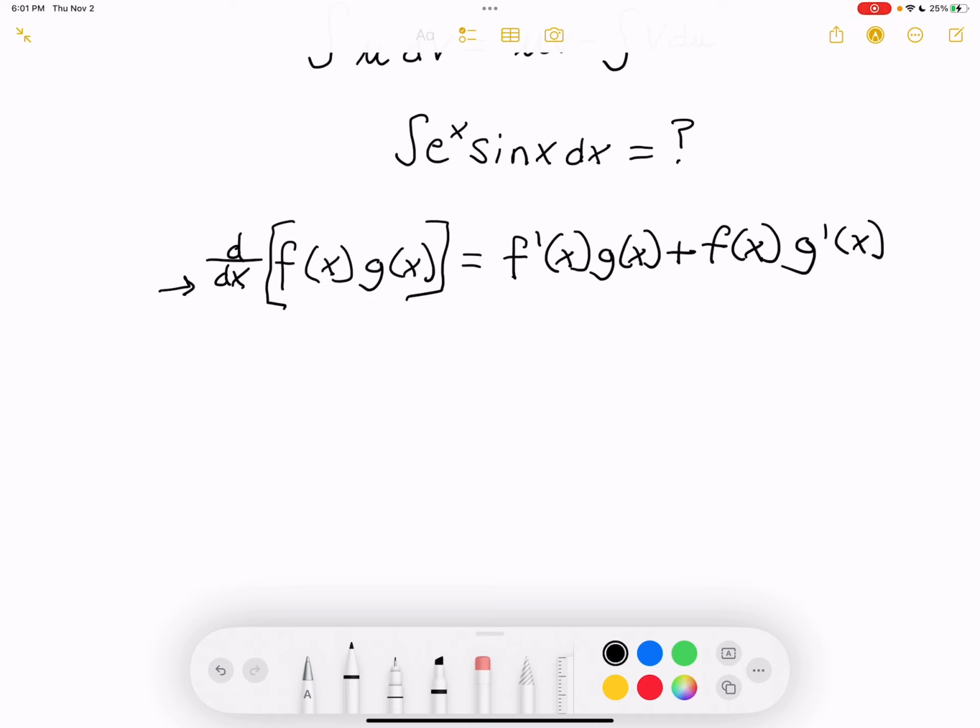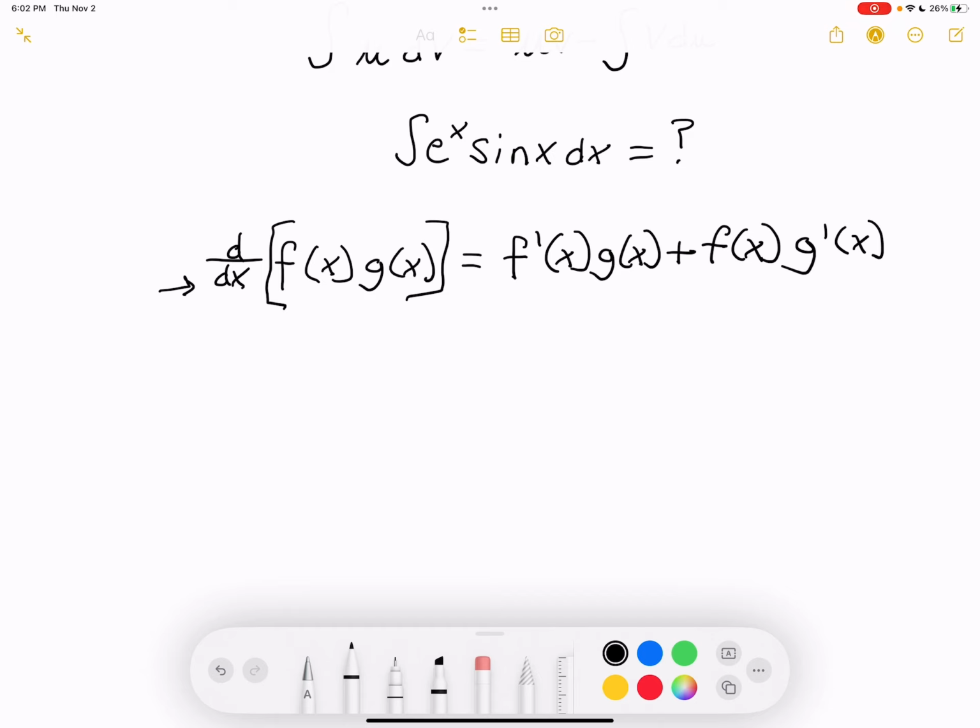And just like division will undo multiplication, so for instance, if I start with 5, multiply it by 3, I get 15. But then if I do the inverse of what I did, if I divide by 3, I'm right back to where I started with 5. So multiplication and division undo each other or cancel each other out. And it's the same thing with differentiation and integration.